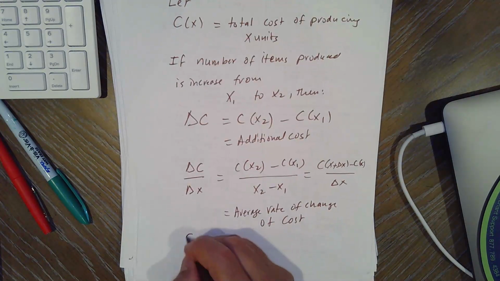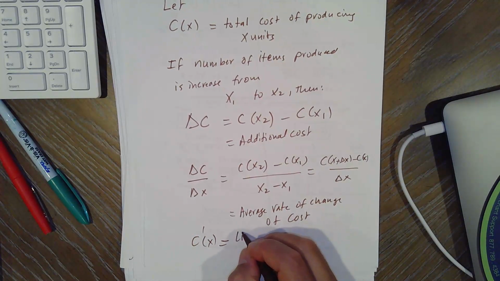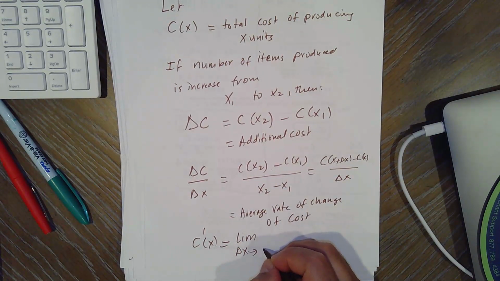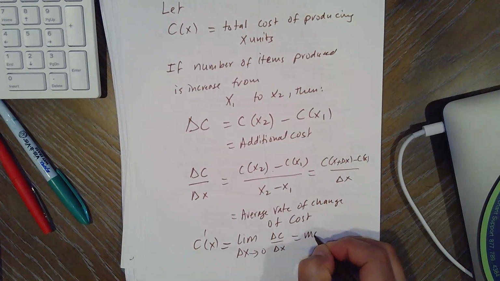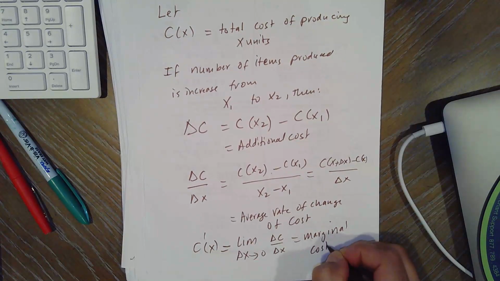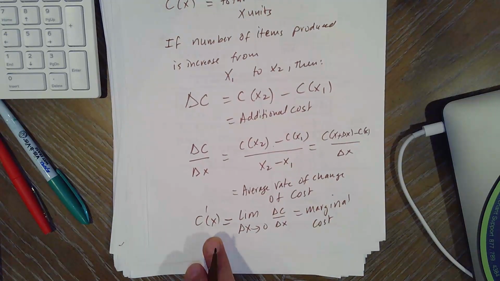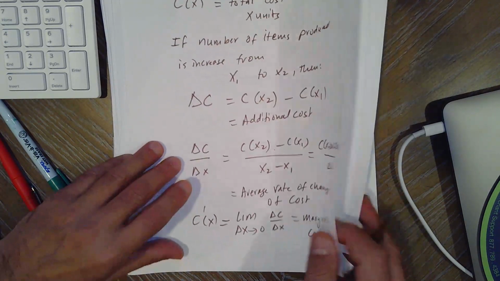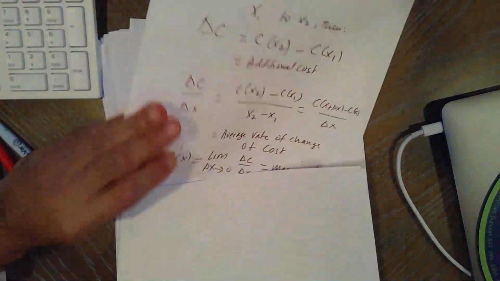And then C prime of x, which is the instantaneous rate of change, which is the limit, which is calculus now, algebra to calculus, of delta C over delta x. This is what we call marginal cost. So I'm sure you've read or heard about marginal cost. That's exactly what it is. It's the instantaneous rate of change of the cost. By finding the derivative of the cost, we get what we call the marginal cost.